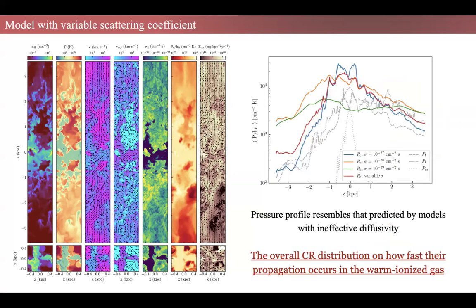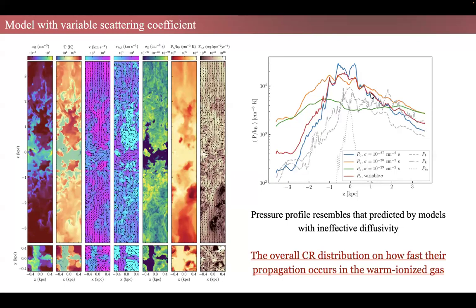Now, moving to the vertical cosmic ray pressure profile predicted by this model with a variable scattering coefficient, in comparison to the pressure profiles predicted by models with a constant value of the scattering coefficient. So you can see, color-coded in red, the mean vertical profile of cosmic ray pressure predicted by the model with a variable scattering coefficient.